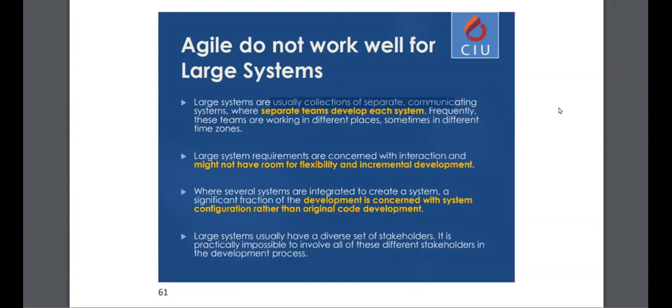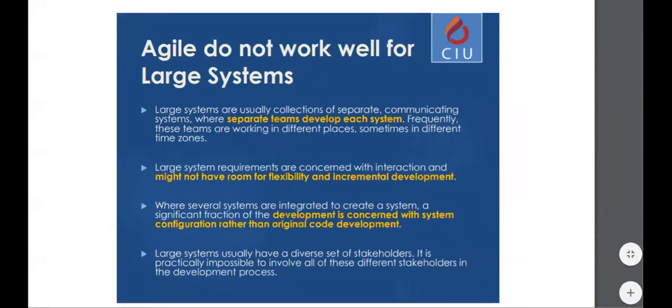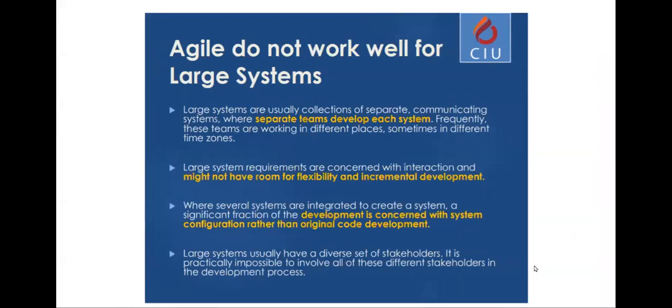Several systems are integrated in large systems to create a big system. A significant fraction of the development is concerned with system configuration rather than original code development. So basically, you focus on improving the system more and more rather than on the original development. Maintenance is the issue here, hence it costs them more money to develop software from scratch.